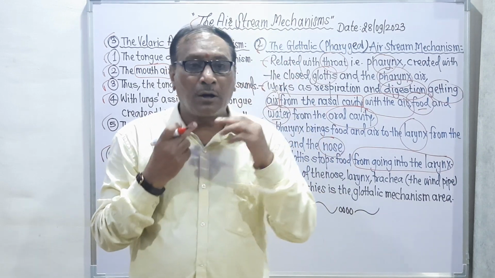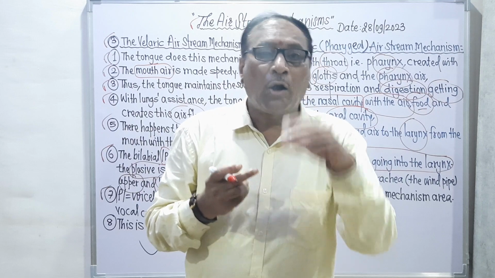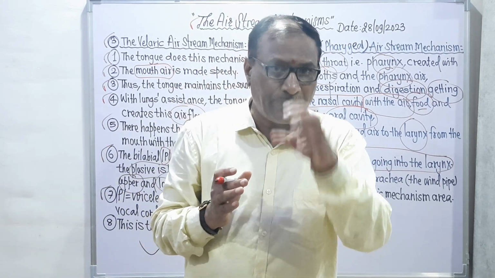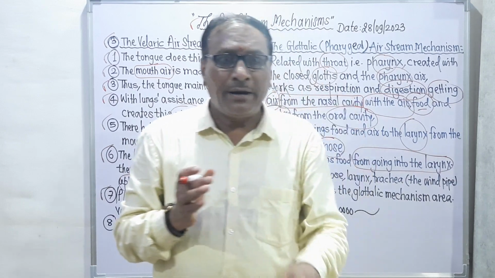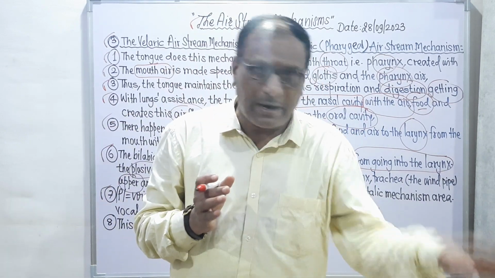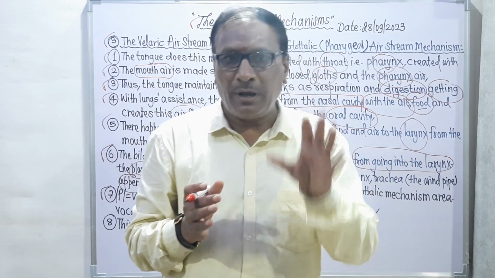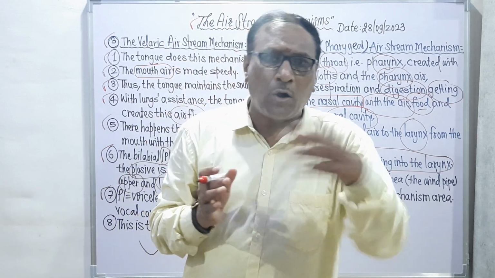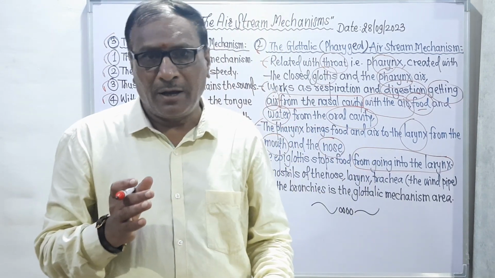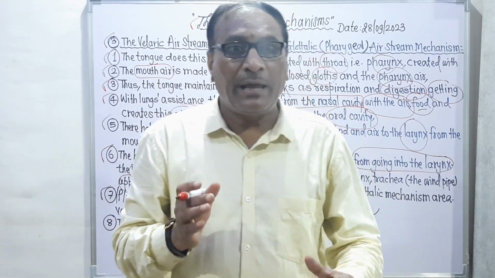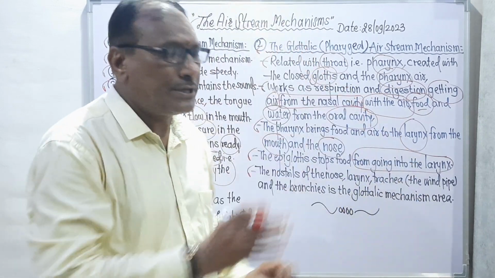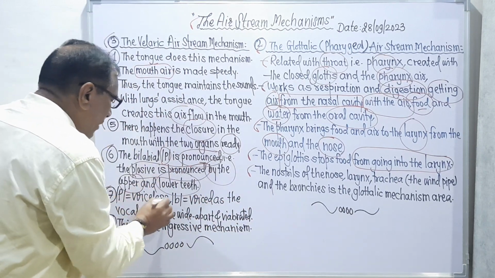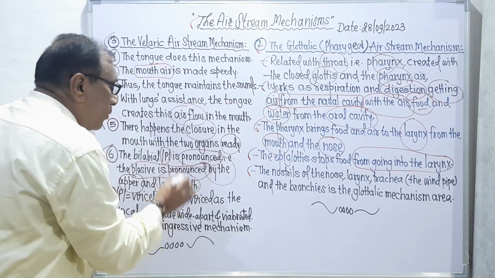And when our vocal cords vibrate when we pronounce that sound, then that sound is the voiced sound. So remember here, the P is the voiceless and B is the voiced sound.